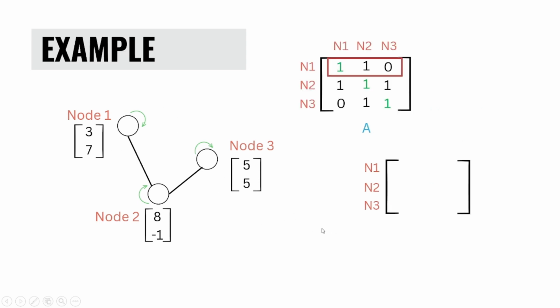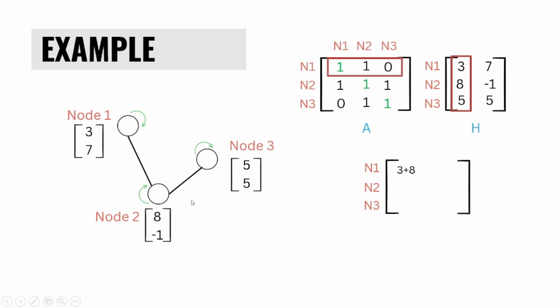The feature representations can be saved in a matrix H such that each row represents the feature representation of each of the nodes. When the adjacency matrix A and H are multiplied, we can observe that the information of node 1 and its neighboring node is saved.